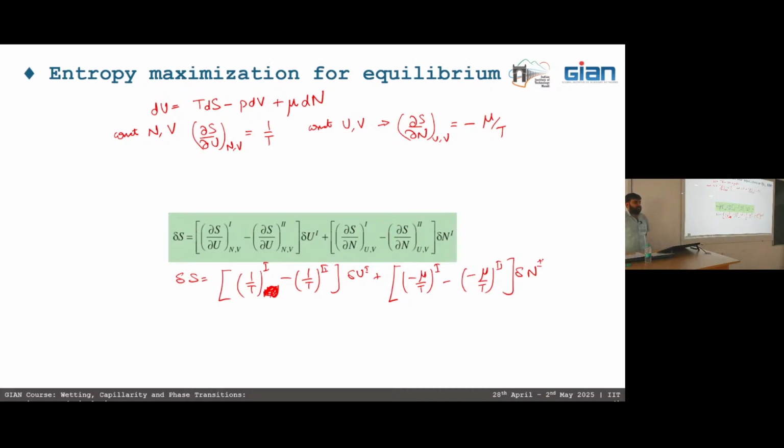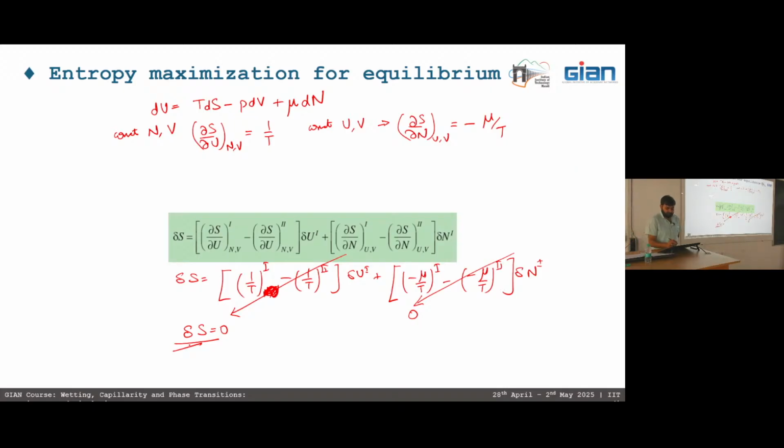This is the relation we get for the entropy. Now our initial assumption was that subsystem 1 and subsystem 2 are in equilibrium, and the implication is that T1 would be equal to T2 and mu1 would be equal to mu2. So all these terms would turn out to be 0, and we can say that delta S is equal to 0.